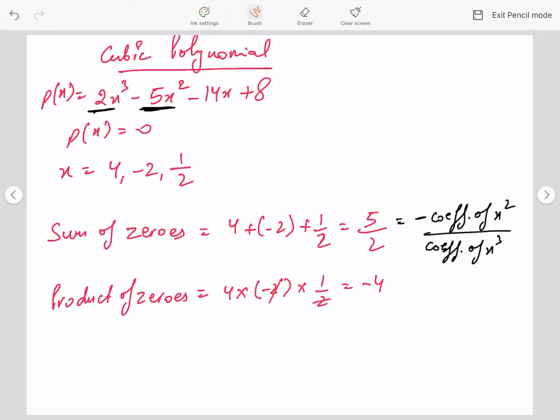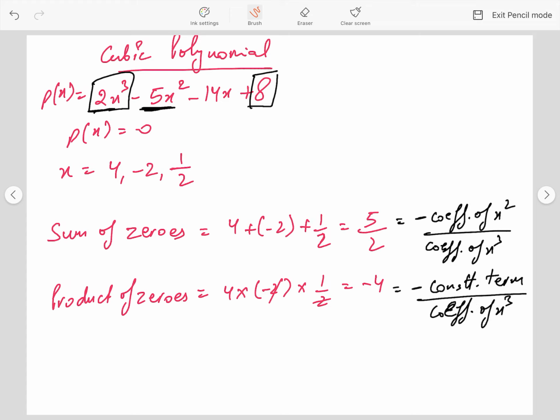So the sum of zeros can be written as minus of the coefficient of x square by the coefficient of x cube, and the product of zeros we can see as the constant value by the coefficient of x cube. If we write it, it will come 4, then we have to take a minus sign also. So minus of the constant term by the coefficient of x cube will be equal to the product of zeros.